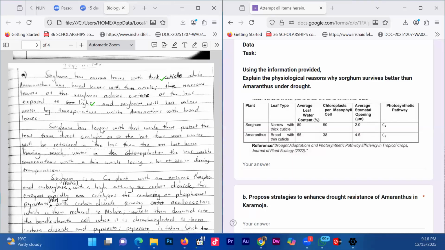Unlike amaranthus with broad leaves, sorghum has leaves with a thick cuticle that protects the leaf from erosion. Thus, more water will be retained in the leaf.